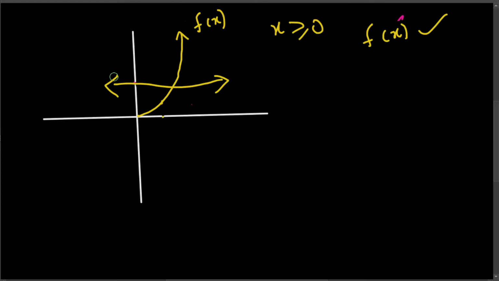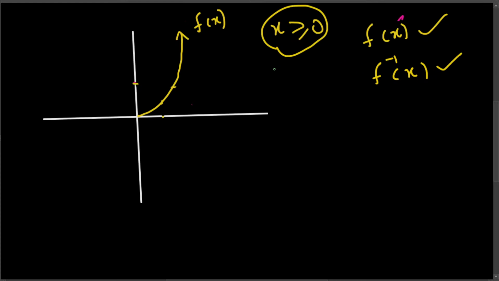Therefore, when we have the condition that x is greater than or equal to 0, the inverse function, f inverse, is also a function, but it's only under this condition.